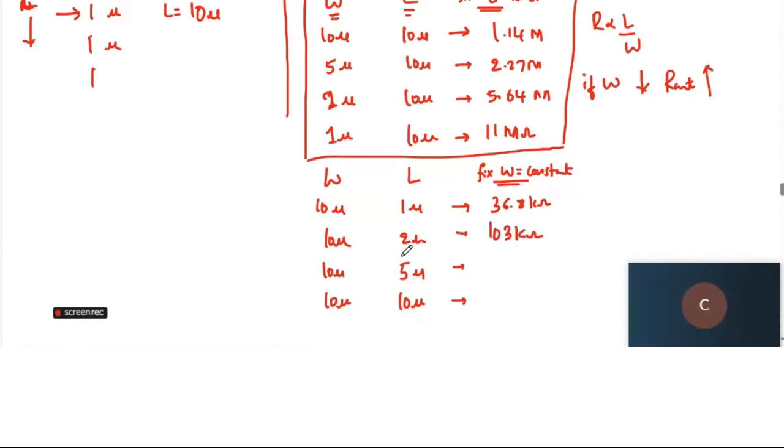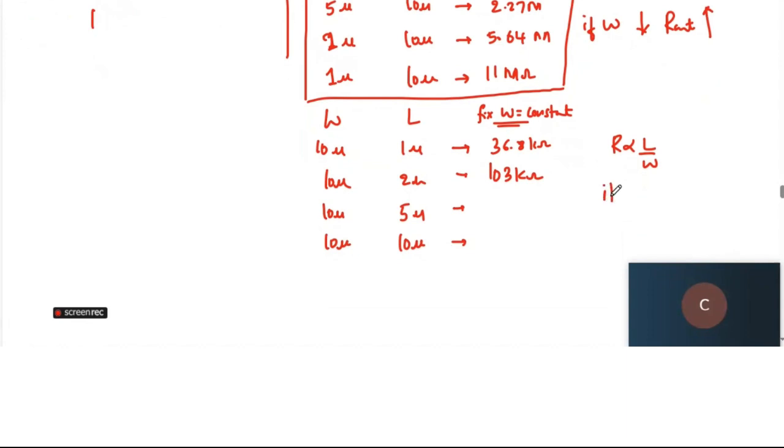See, and it is increasing because L is increasing, right? Either you decrease W, fix up L, or you increase L, fix up W. In either case, it is going to work. Same here. R is directly proportional to L by W. That means if L increases, again R out increases.